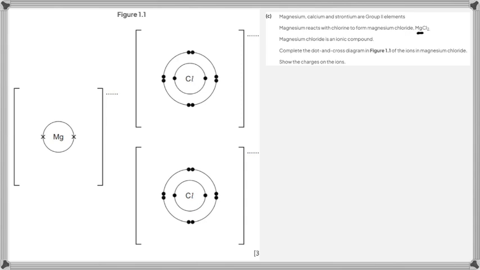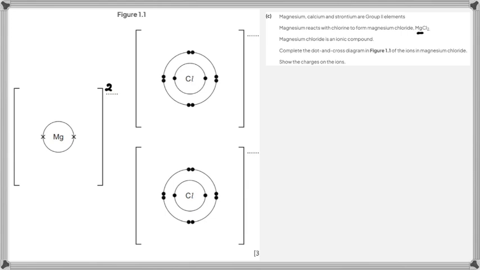Okay, so taking a look at the given figures, we have magnesium, where the first energy level is given, and for chlorine, the first two energy levels are given. We know that magnesium is in group 2 elements, meaning it has a 2 plus charge.